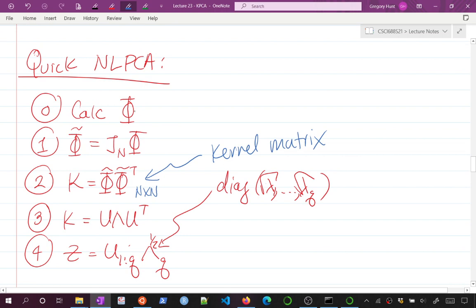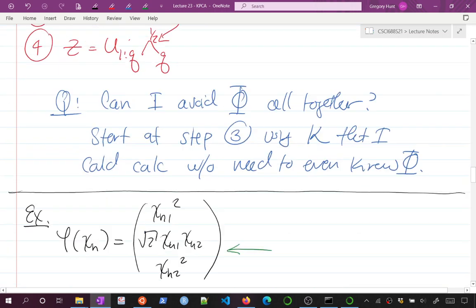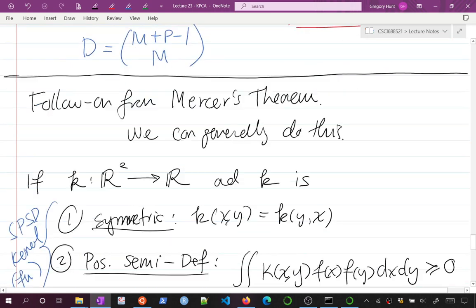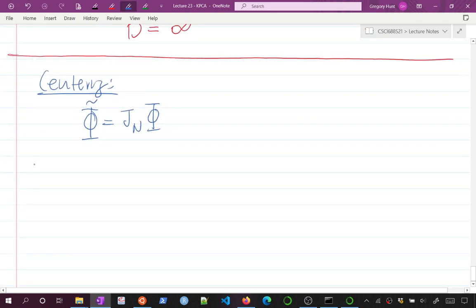In step 0 we calculated phi, centered it, and then calculated k, which was phi tilde transpose. So we basically want to work with some k tilde that is not phi transpose, but phi tilde transpose.